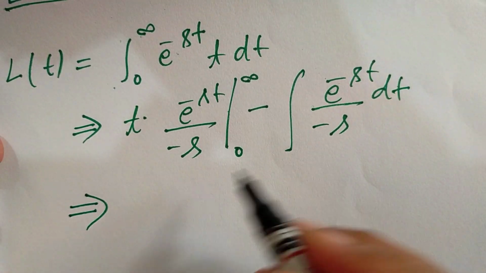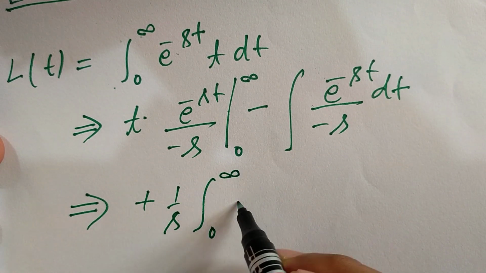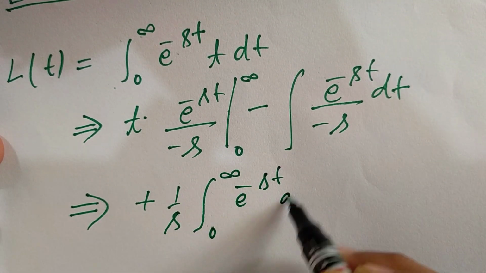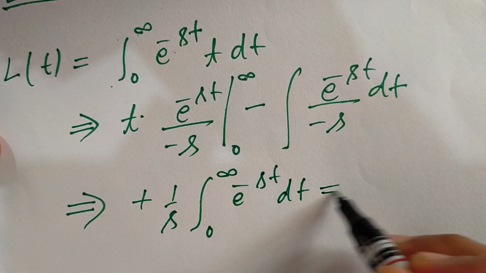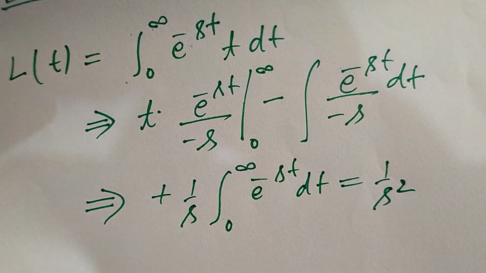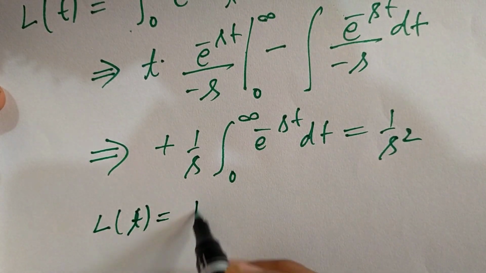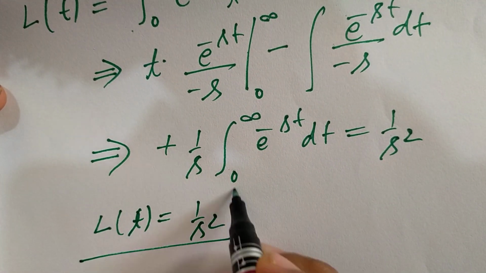So this term will be 0. So we get plus 1 by s times the integral from 0 to infinity of e power minus st dt. If we solve, we get 1 by s square. So Laplace of t equals 1 by s square.